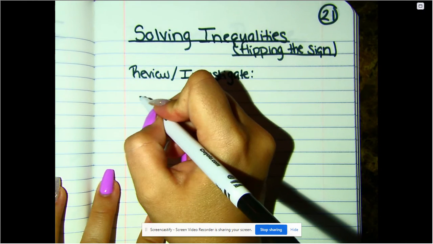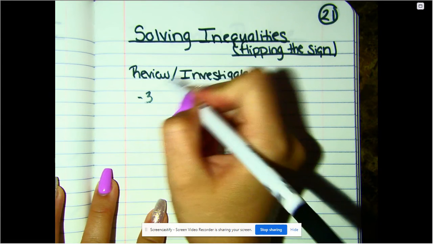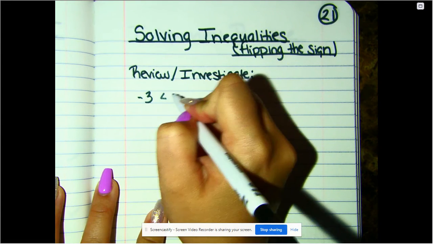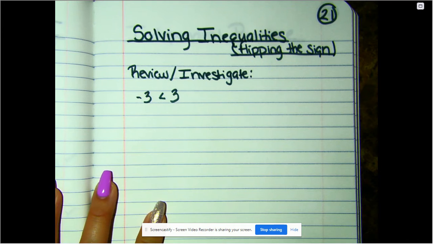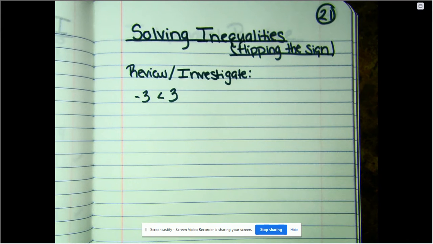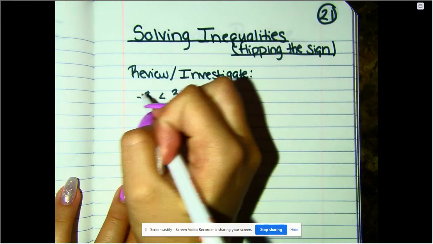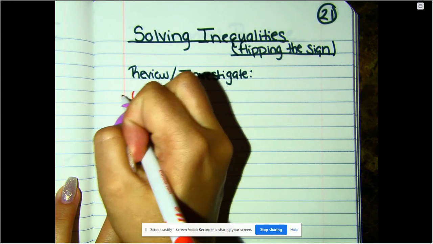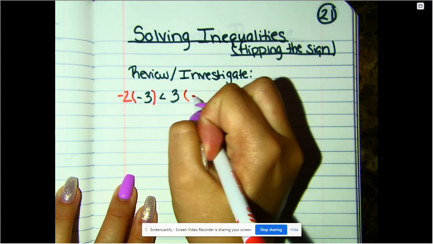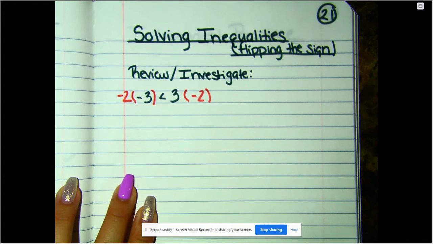So first, let's look at -3 is less than 3. Right now that is a true statement. However, if I was to multiply both sides by -2, let's see if my inequality still remains true.